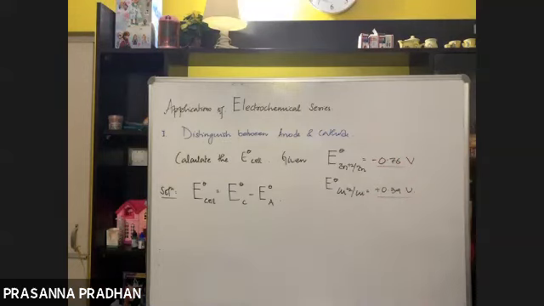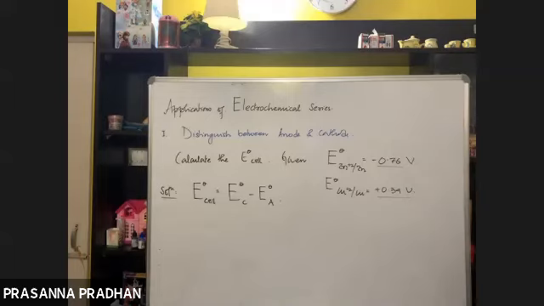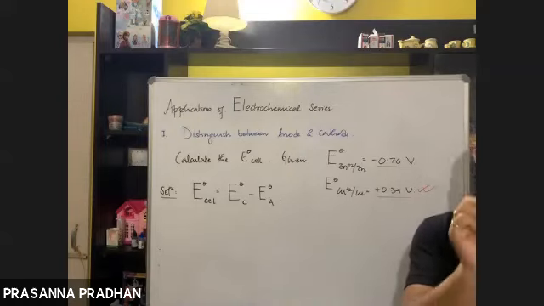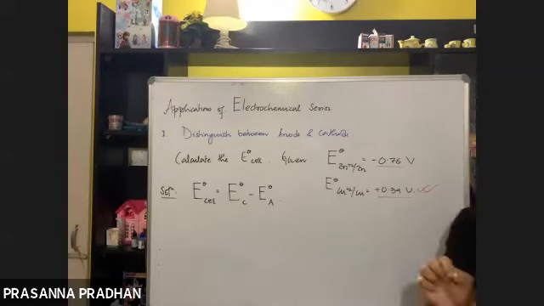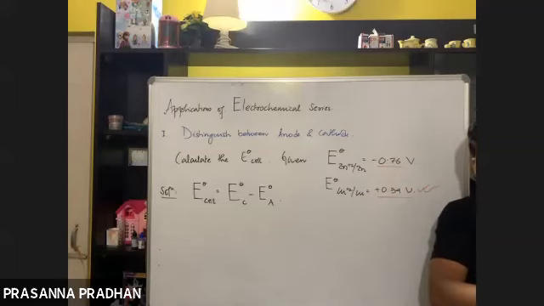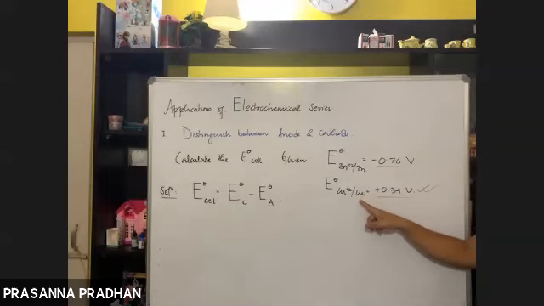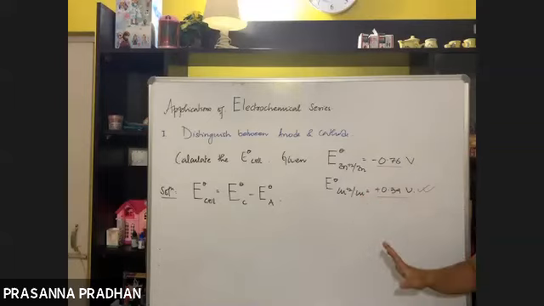Obviously, copper has a higher reduction potential value. Which means it has a higher tendency to undergo reduction. The one which has a higher reduction potential value has a higher tendency to undergo reduction. Since the reduction potential value of copper is higher, copper has a higher tendency to undergo reduction.